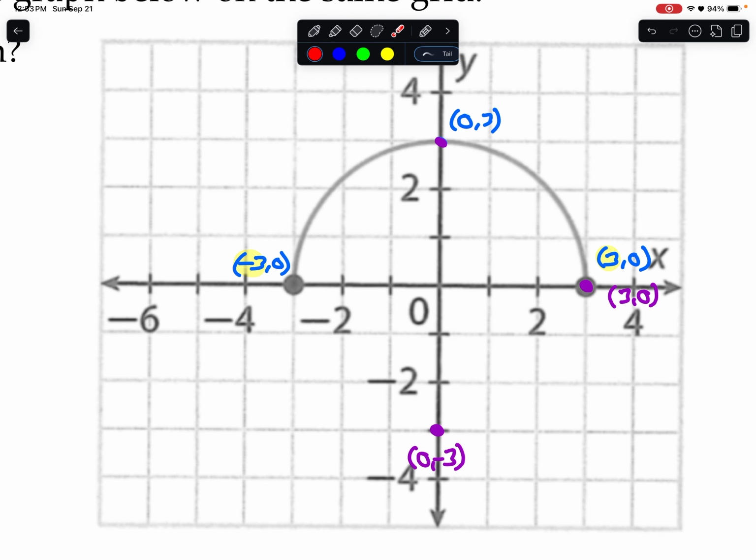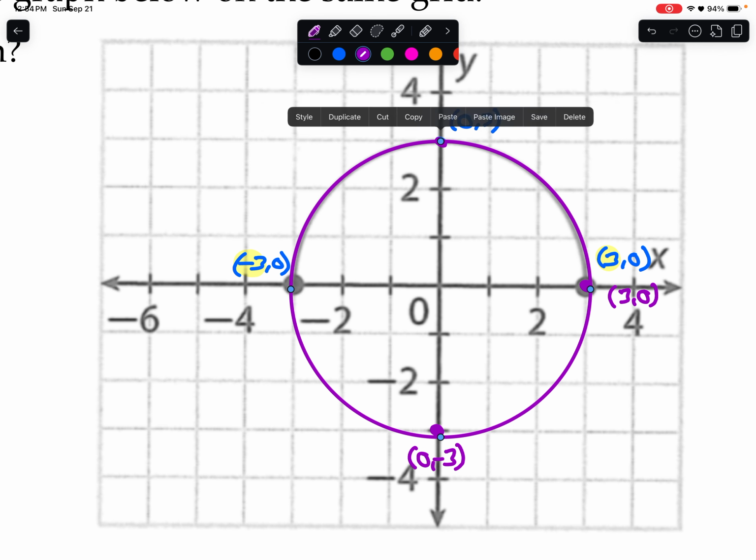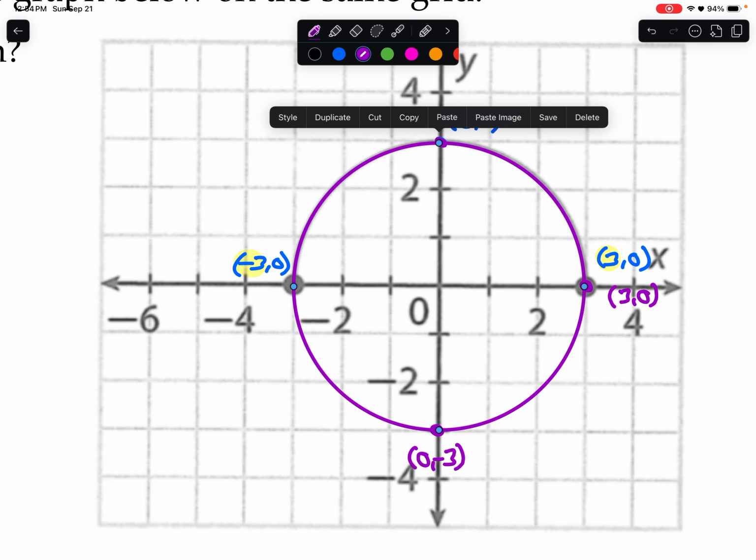So your original, which is the semicircle, the upper part, now we're going to go to a semicircle, but we're going to have just the right part. So I'm going to attempt to draw this. I'm going to get a little creative. I'm going to draw a circle. This is one thing I do love about Notability. Okay, close enough.